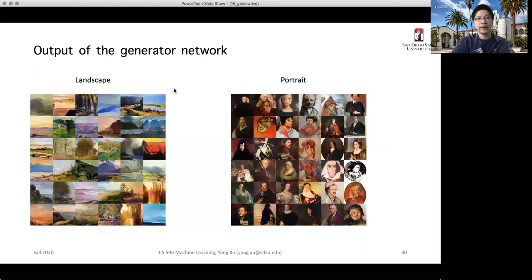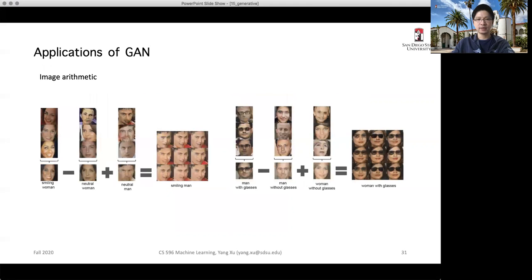We can use it to generate artwork, portraits, landscapes, and, something cooler, we can use the generator's output to conduct image arithmetic operations.